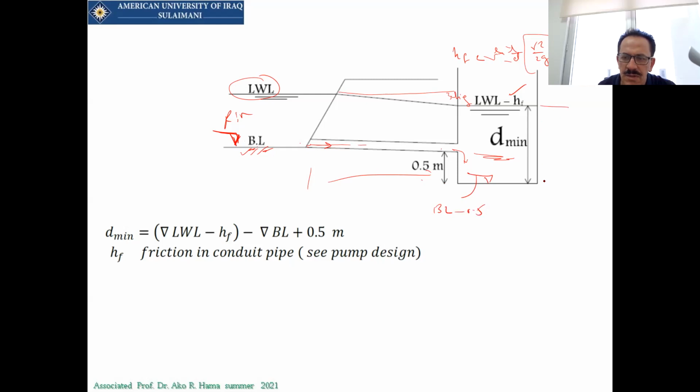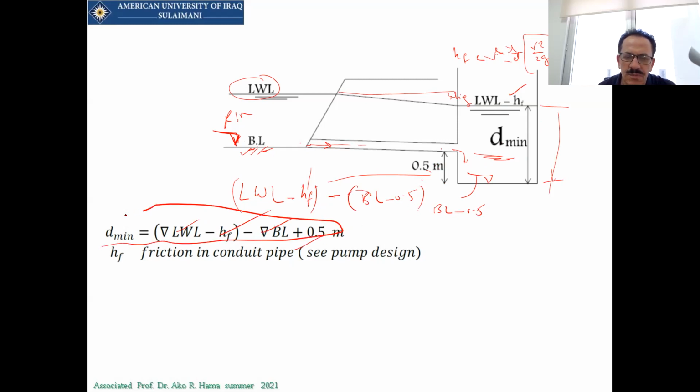So you can tell me now what is the D minimum. D minimum is equal to low water level minus HF minus bottom level minus 0.5, which means low water level minus HF minus, times 1 plus, minus times minus is positive. So here's the D minimum.